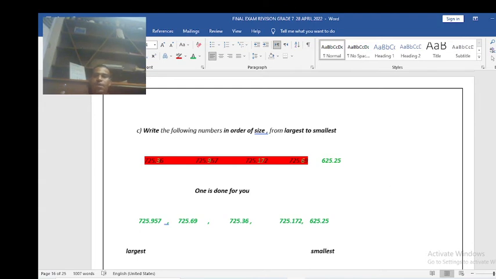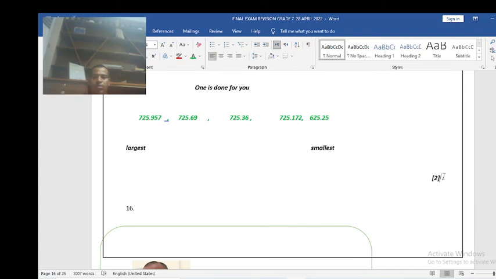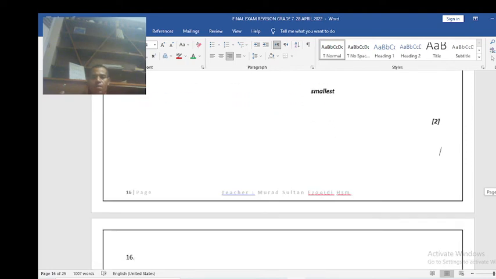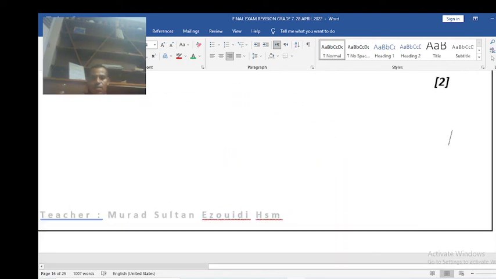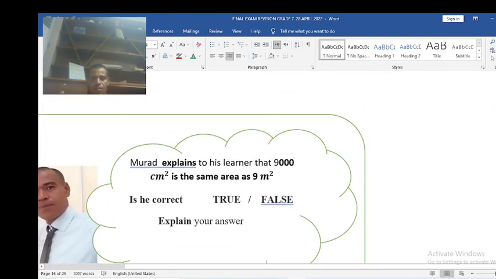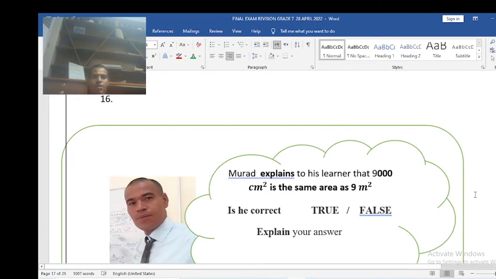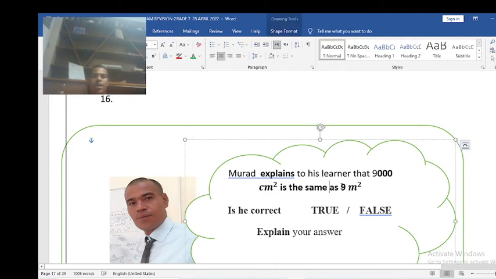Now we move to the next part. In this question, Mr. Murad explains to his learners that 9,000 centimeters square is the same as 9 meters square.